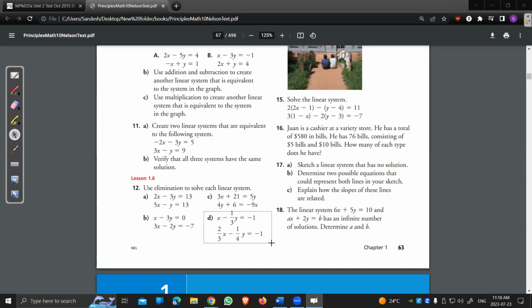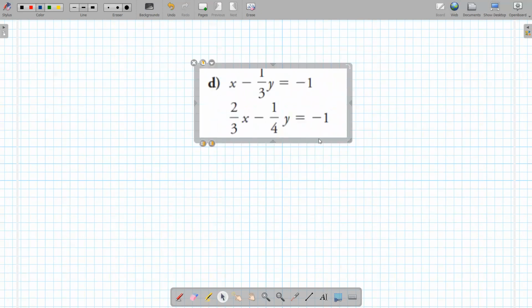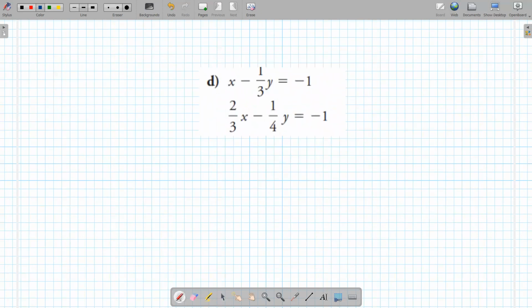What about here? Which one do we multiply by what?